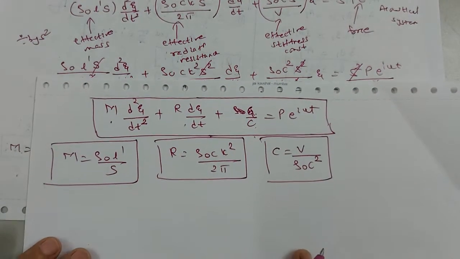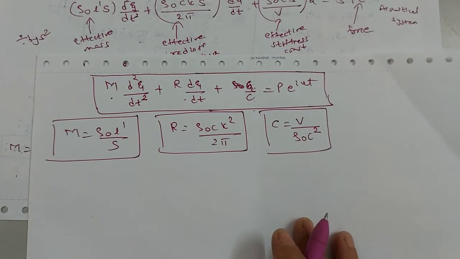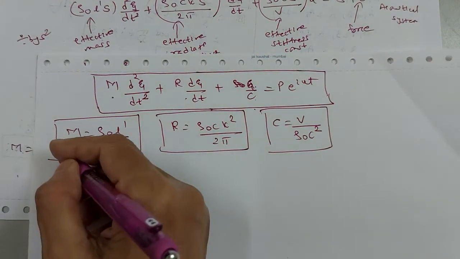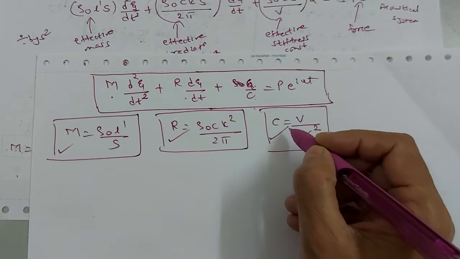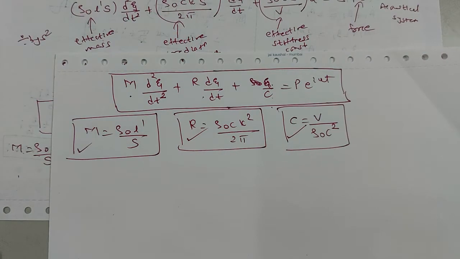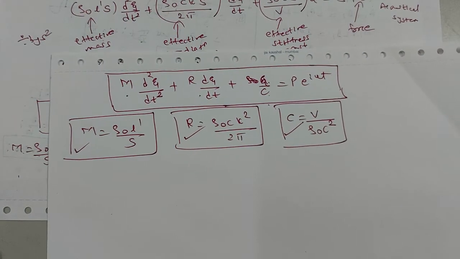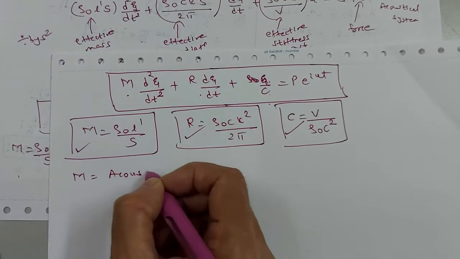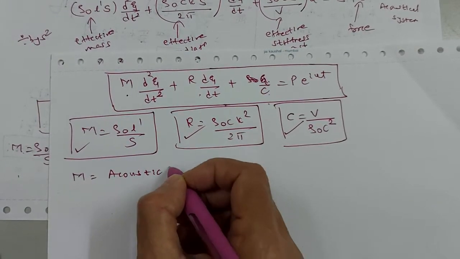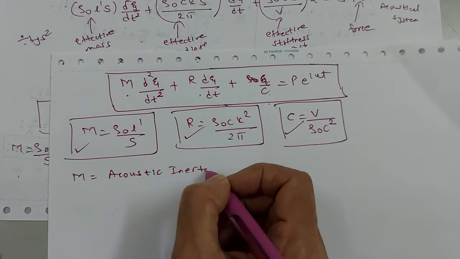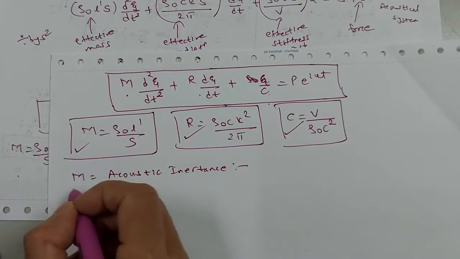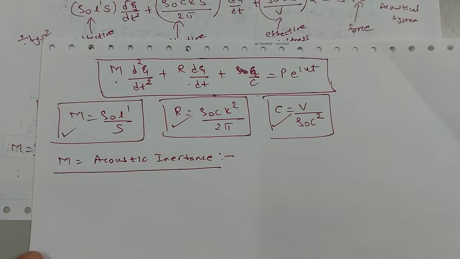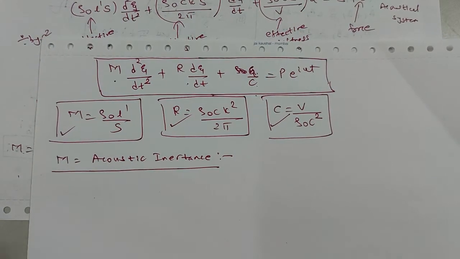So that's the reason we will define the three things, which are M, R and C. So what is M first? We will say it is acoustic inertance. Now we have to define that acoustic inertance and also write down the equation and the unit.